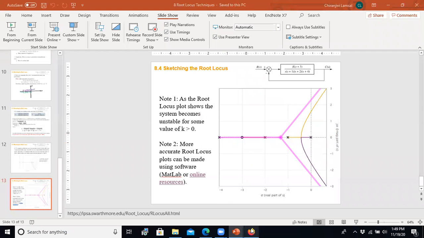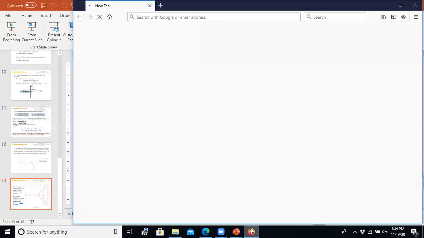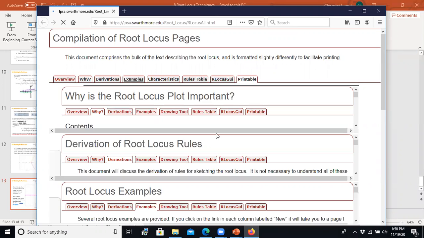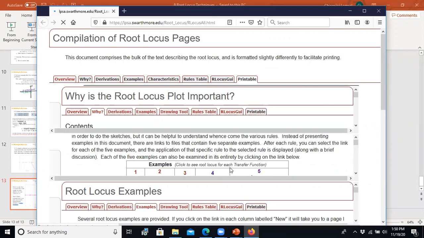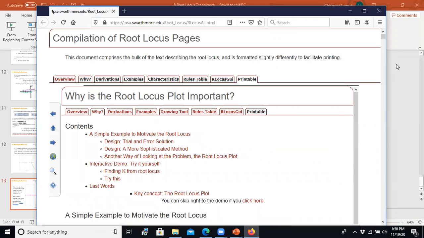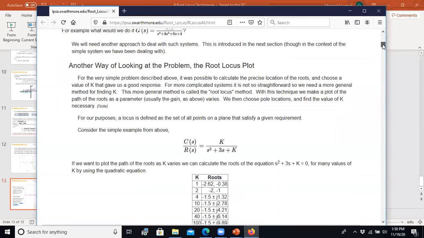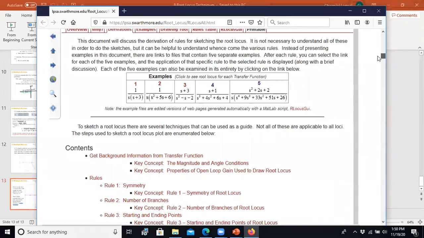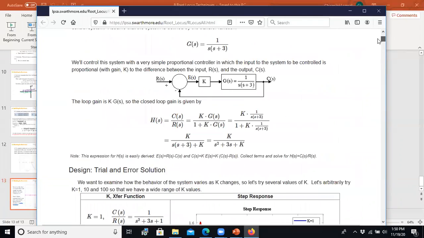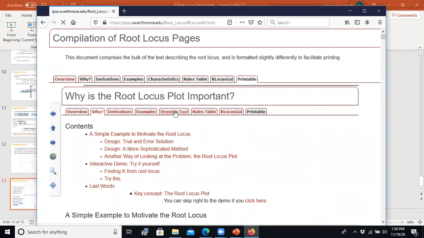So you can simply go here. I think drawing tool. Yeah, drawing tool. Let me click drawing tool.